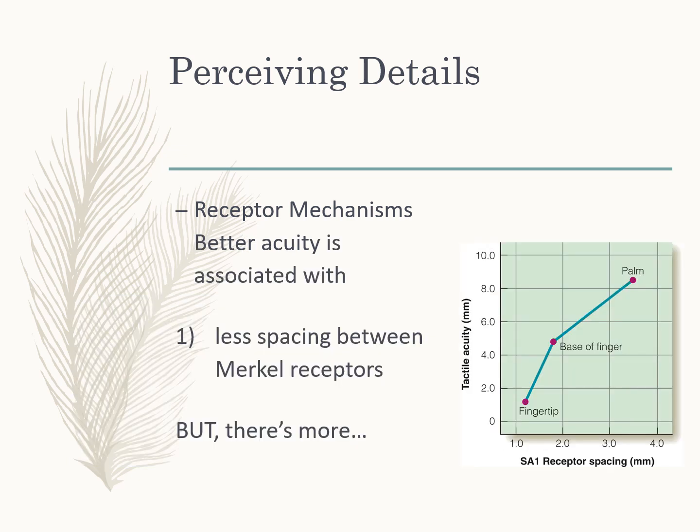Receptor mechanisms, or the mechanisms of what gives us better acuity. Better acuity is associated with, first of all, a number of things. First of all, less spacing between the Merkel receptors. So you can see in the figure, as I'm getting more space between the Merkel receptors on the x-axis, I also need those grating acuities to be bigger for me to be able to feel the direction of the grating.